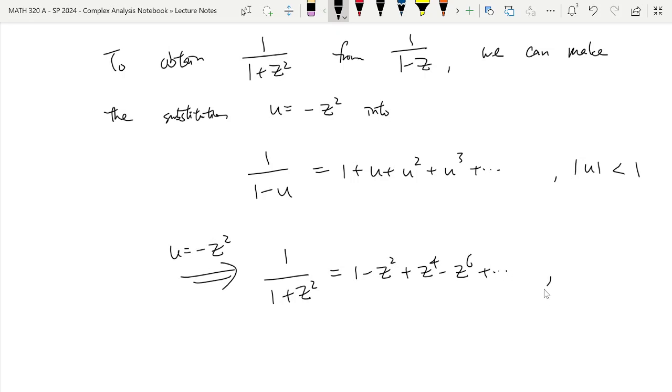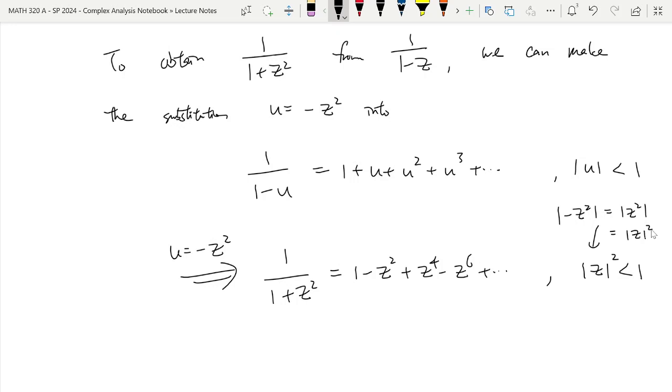Don't forget the last thing: you plug in negative z squared into the modulus, but then the signs cancel and you get modulus of z squared less than 1. That's because the modulus of negative z squared equals the modulus of z squared, which equals the modulus of z, then squared. Properties are the same with the absolute value sign.